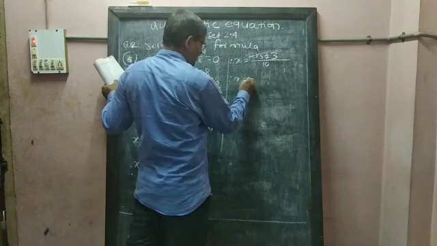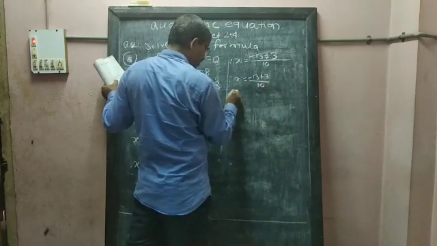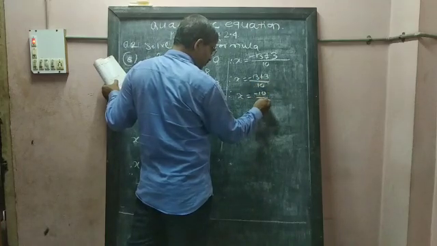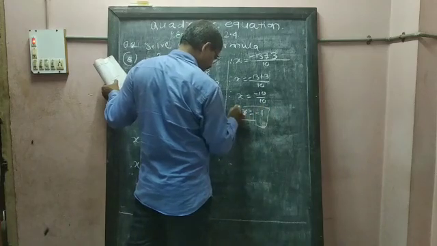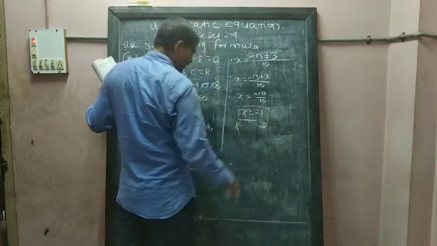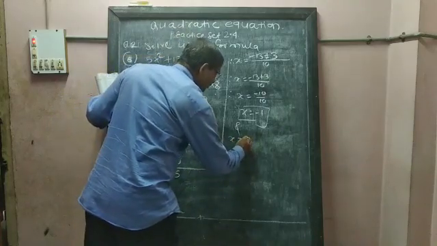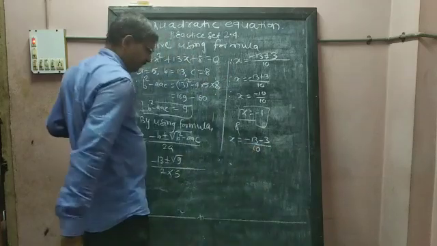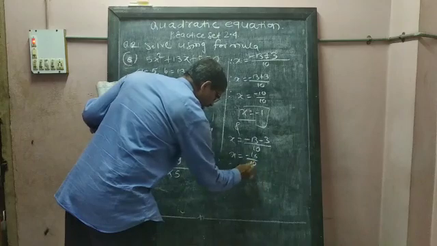Plus here x is equal to minus 13 plus 3 upon 10. Means x is equal to minus 10 upon 10. You will get x is equal to minus 1. And now next we will take negative values. X is equal to minus 13 minus 3 upon 10. Therefore x is equal to minus 16 upon 10.